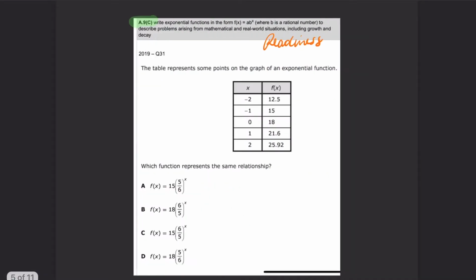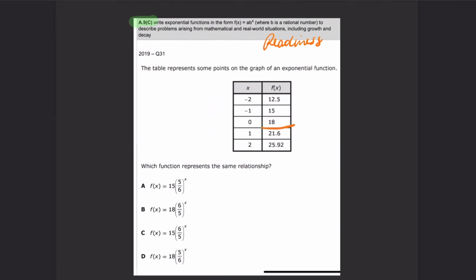This question covers TEK 8.9C. The table represents some points on the graph of an exponential function. Which function represents the same relationship? Basically, which equation will give you the following table? Before we graph every single answer choice and look at the table to see which one matches, let's eliminate some answer choices.